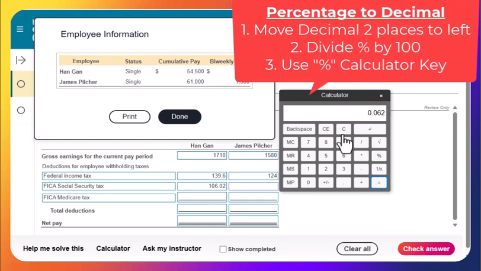And then there's also a third way. So when we go ahead and input Han's biweekly pay here, we're going to then multiply that by 6.2. We can hit this percent key right here and get our answer as well. And notice I did not hit the equals button. So just the percentage key will then give you your answer.